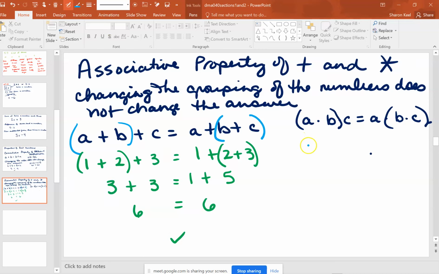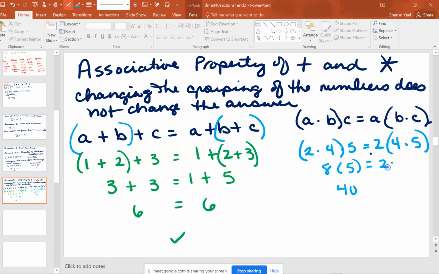If I did this and I had, let's say, 2 times 4 times 5, I'm going to group 2 and 4, and then I'm going to group 4 and 5. 2 times 4 is 8. 8 times 5 is 40. Here I would have 2. 4 times 5 is 20. 2 times 20 is 40. So no matter which way you group them, you're going to still get the same solution. And the parentheses are what we use for the grouping. So commutative is order, associative is grouping.